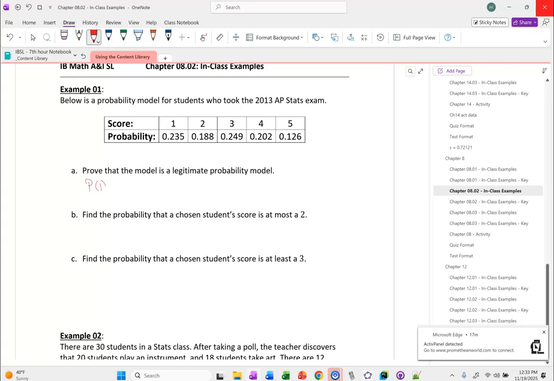So we just need to show that P of 1 plus P of 2 plus P of 3 plus P of 4 plus P of 5 is equal to 1. So 0.235 plus 0.188 plus 0.249 plus 0.202 plus 0.126. And they do add up.